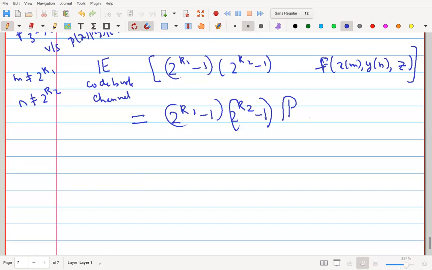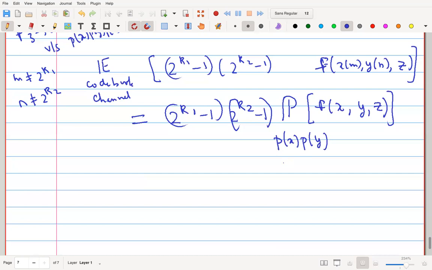So f of x, y, z, but what is the probability distribution? X comes from PX, right? Then the codeword Y comes from PY, and they are in product form.